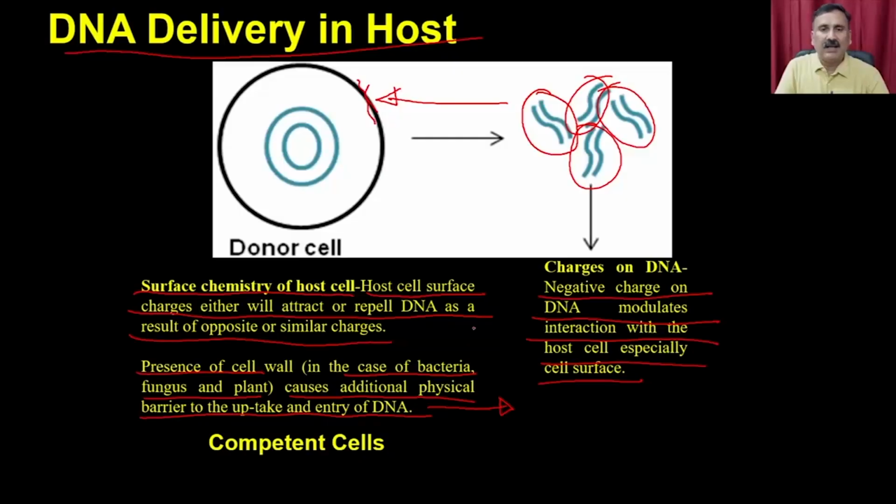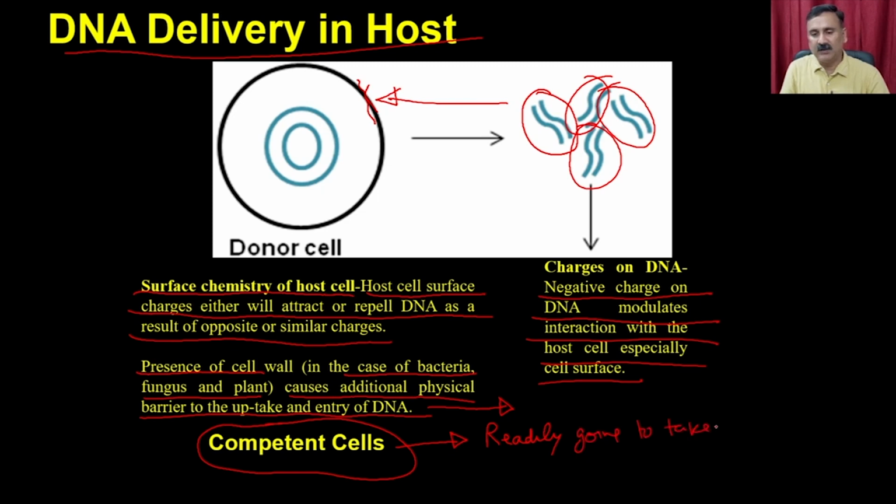So actually the entry of the DNA is not a facilitated process. It has multiple barriers and multiple hurdles, and all these hurdles have to be overcome by preparing a competent cell. What is meant by a competent cell is a cell which is readily going to take up the recombinant DNA.